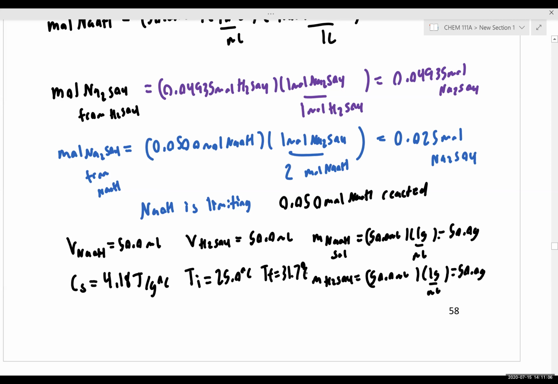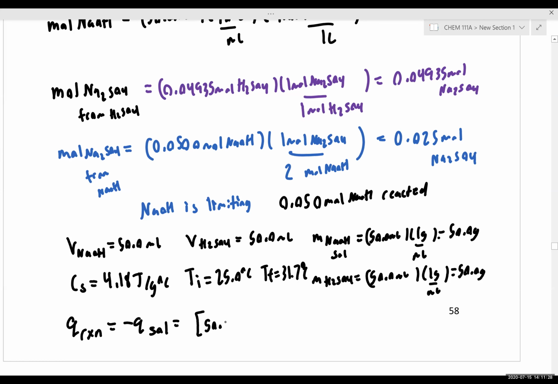So now what we're going to do is calculate the heat of reaction, which is equal to the heat of solution, and that's equal to the mass of the solution in total. So what do we do with these 50 grams of our two solutions that we mix together? I add them together.